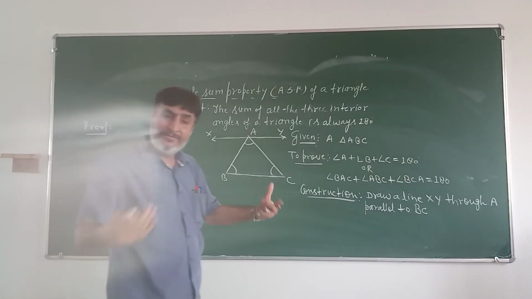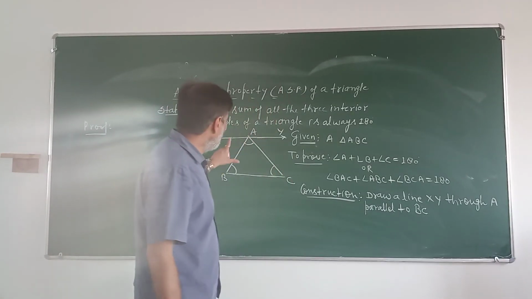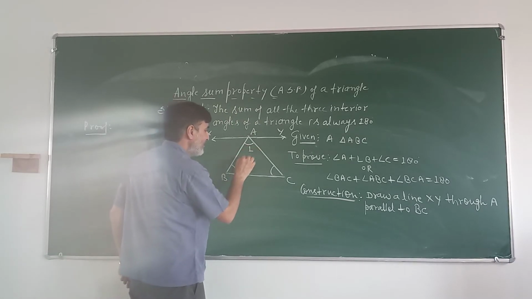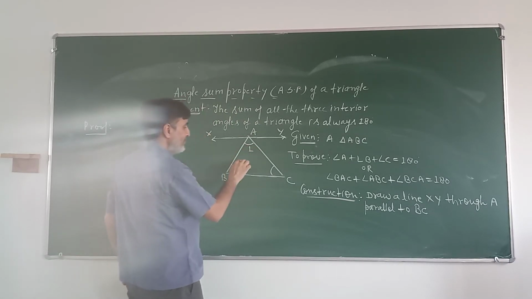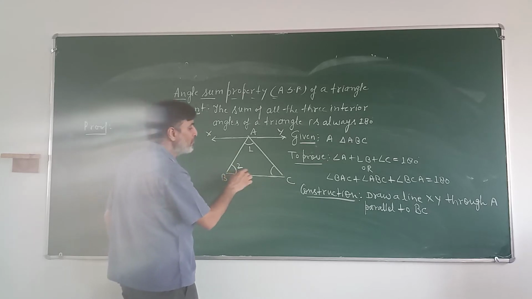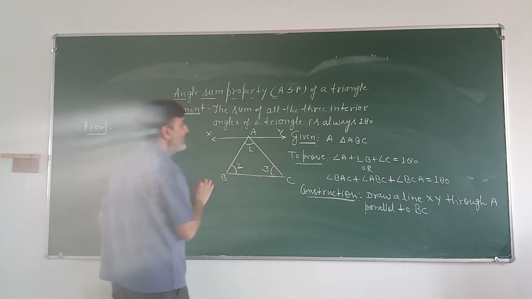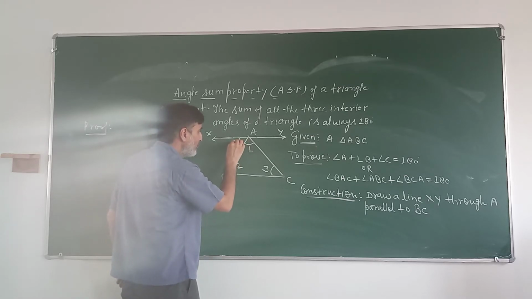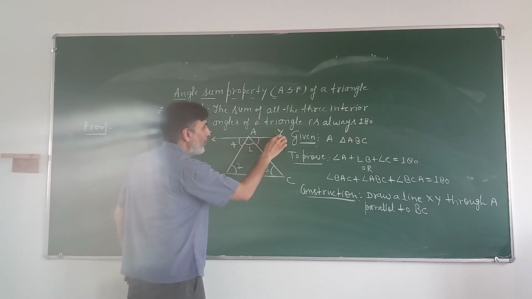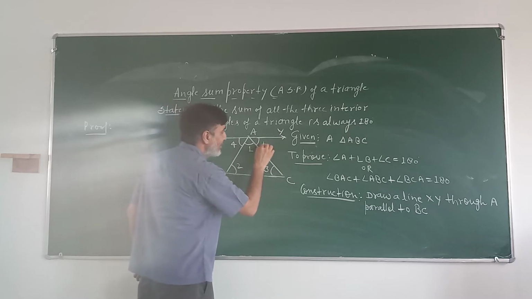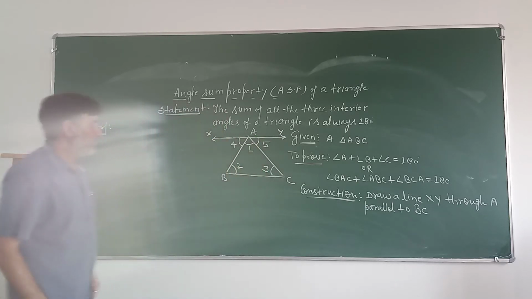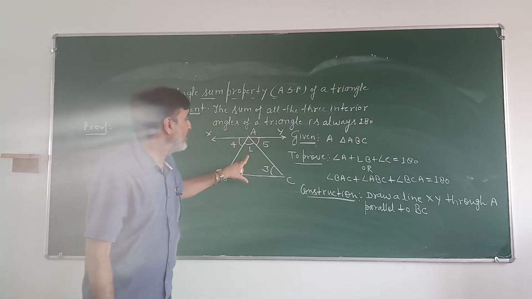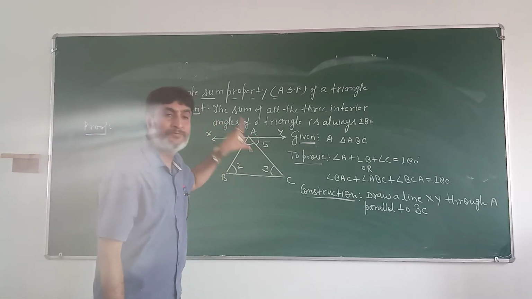For our convenience, dear students, we mark these angles like this: angle A be 1, angle B be 2, angle C be 3, angle XAB be 4, and angle YAC be 5. So here we mark all these five angles as 1, 2, 3, 4 and 5.